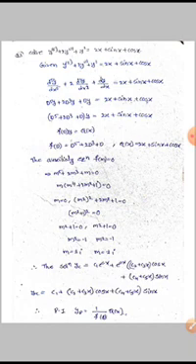Therefore the complementary function is c1 e power 0 into x, c2 plus c3x into cos x plus c4 plus c5x into sin x. Therefore yc is equal to c1 plus c2 plus c3x cos x plus c4 plus c5x sin x. This is the complementary function.